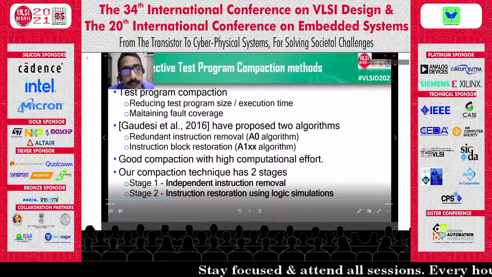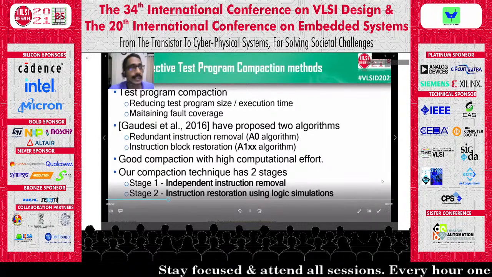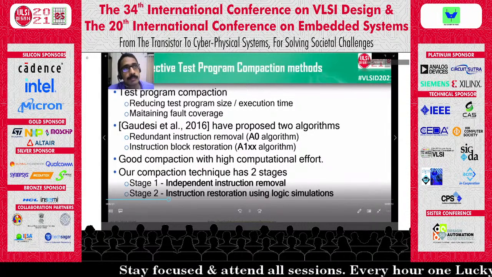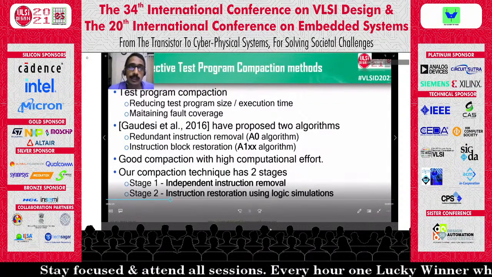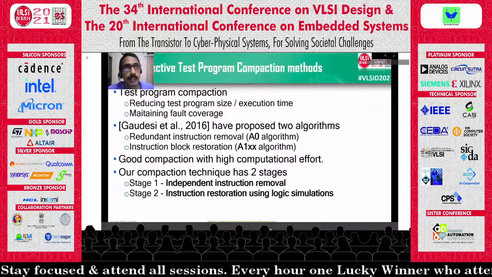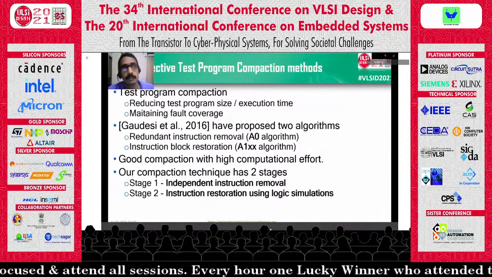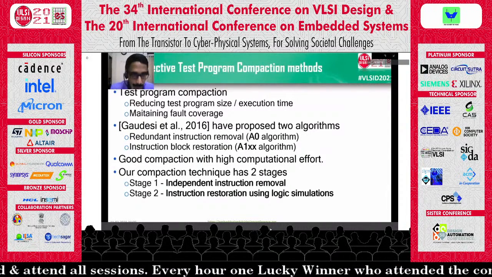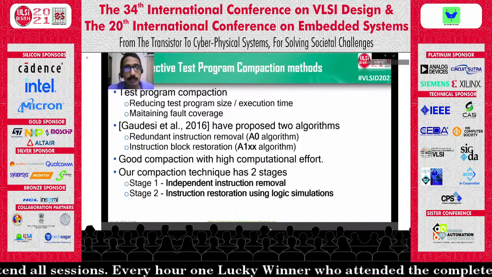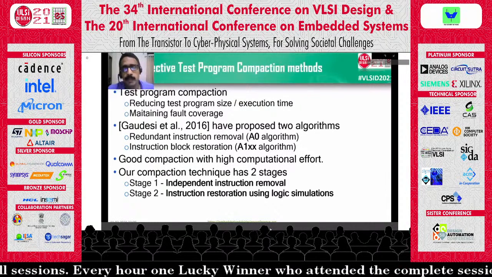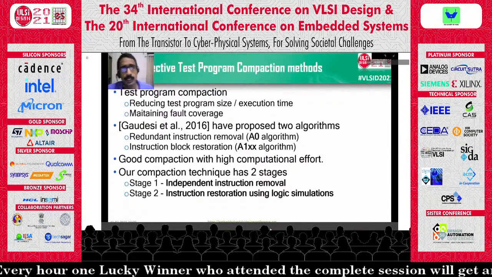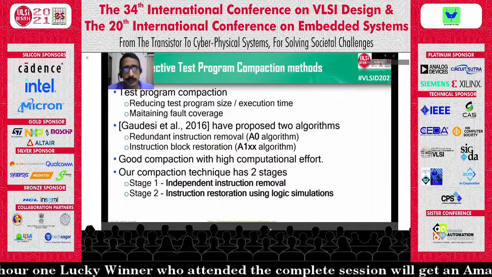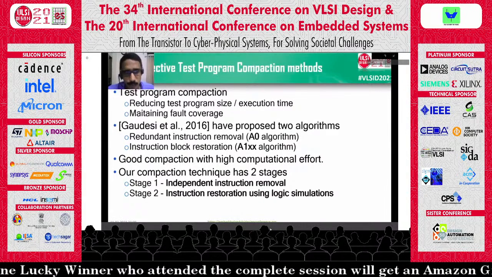And the instruction block restoration method, which is the A1XS algorithm. In this, we remove blocks of instructions and restore instructions one by one and see whether they contribute to fault coverage. As this is a block-wise method, it has lesser computational effort, but it gives a lesser compaction rate.